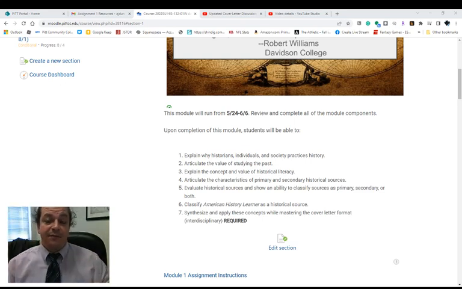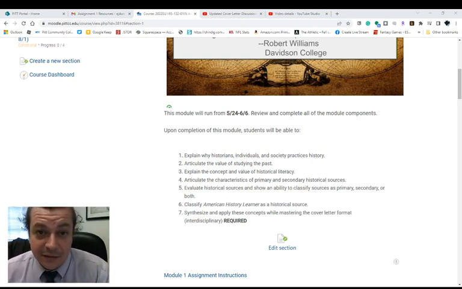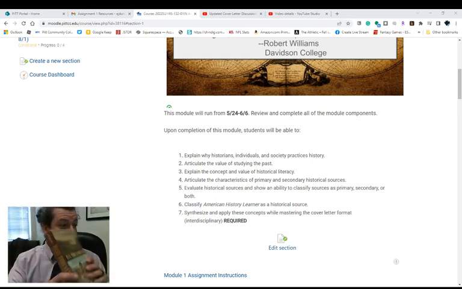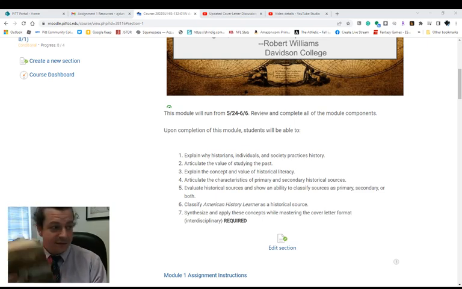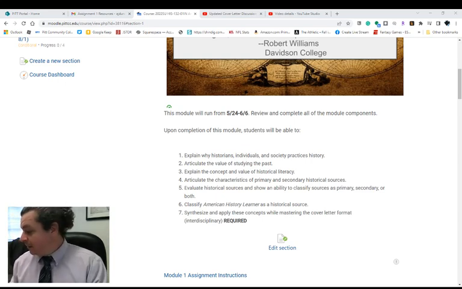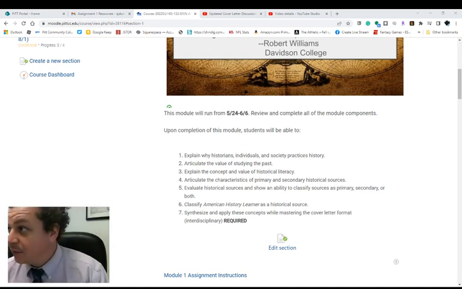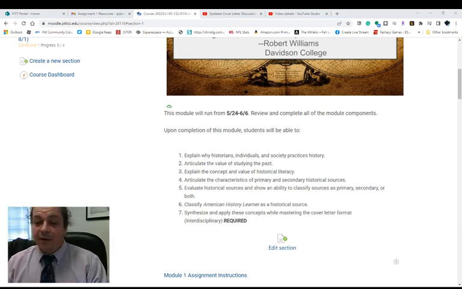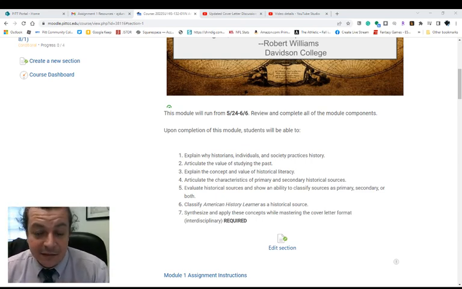So not only articulate what primary and secondary sources are, but pick up one like this right here and say, this was written by a historian about the past, a secondary source because it offers interpretation, instead of something more of a primary source, like if we went over to the bookshelf and found some of the founding documents of the country, or a book written in the 17th century about government, and how historians use those differently.